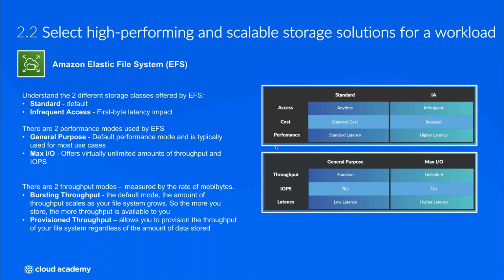Firstly, bursting throughput, again the default, which scales as your EFS system grows. It does this automatically, giving you more and more throughput as it scales. Whereas provisioned throughput allows you to provision throughput of EFS regardless of the amount of data that you have stored within your EFS system.